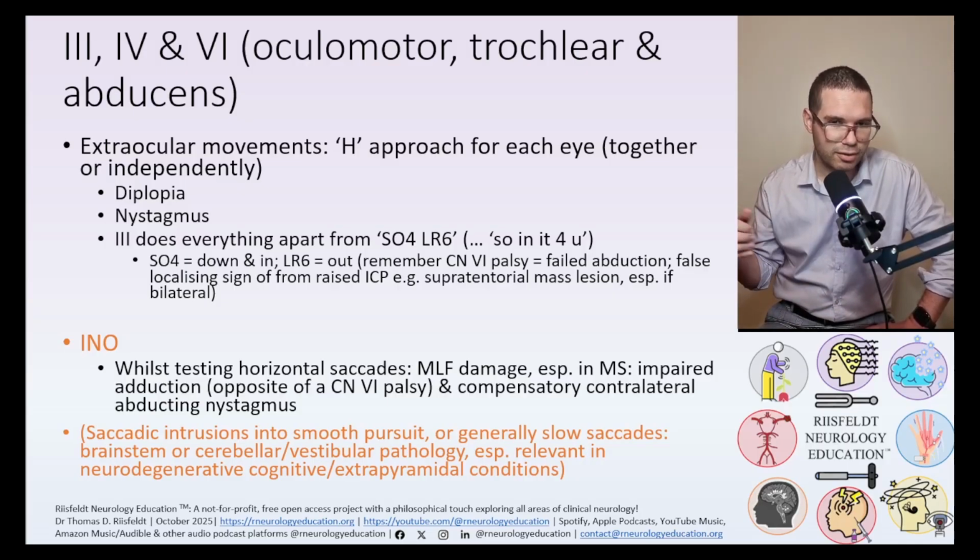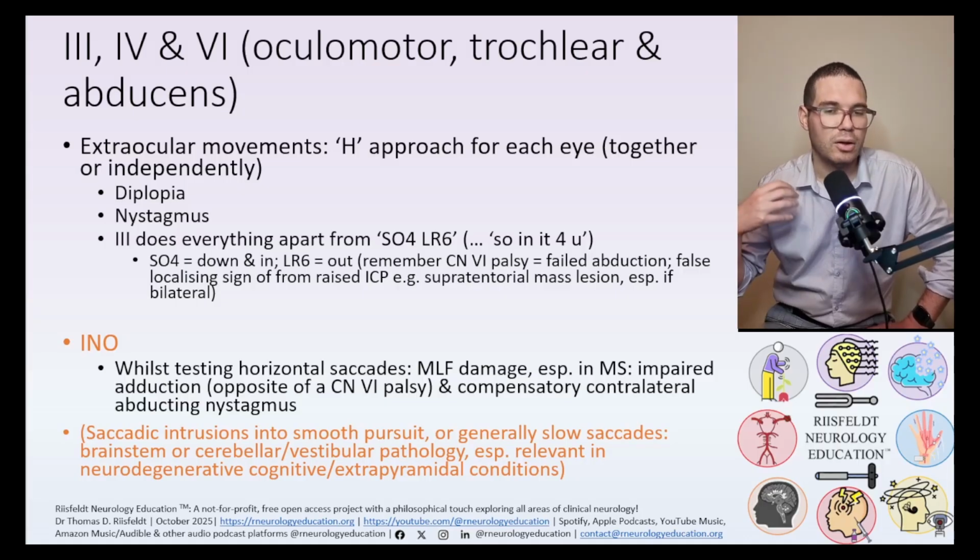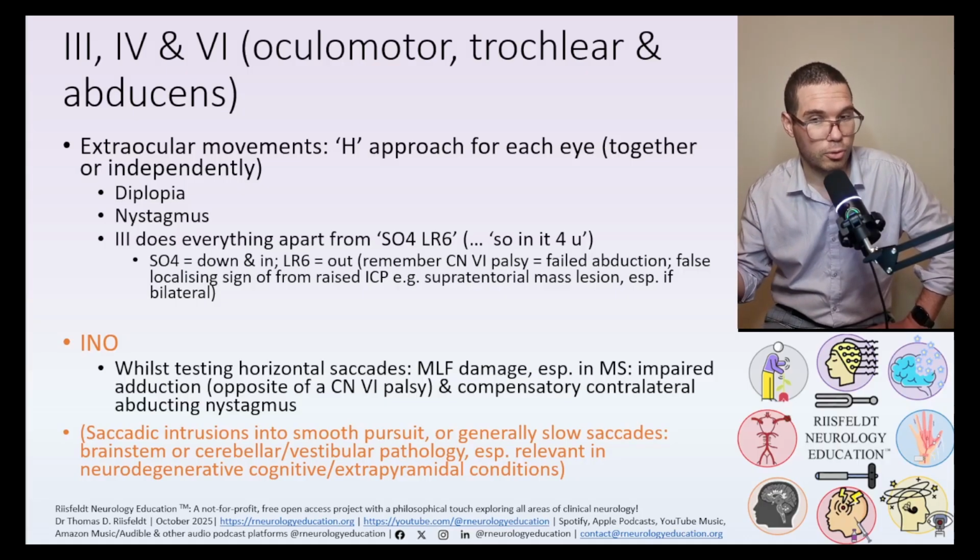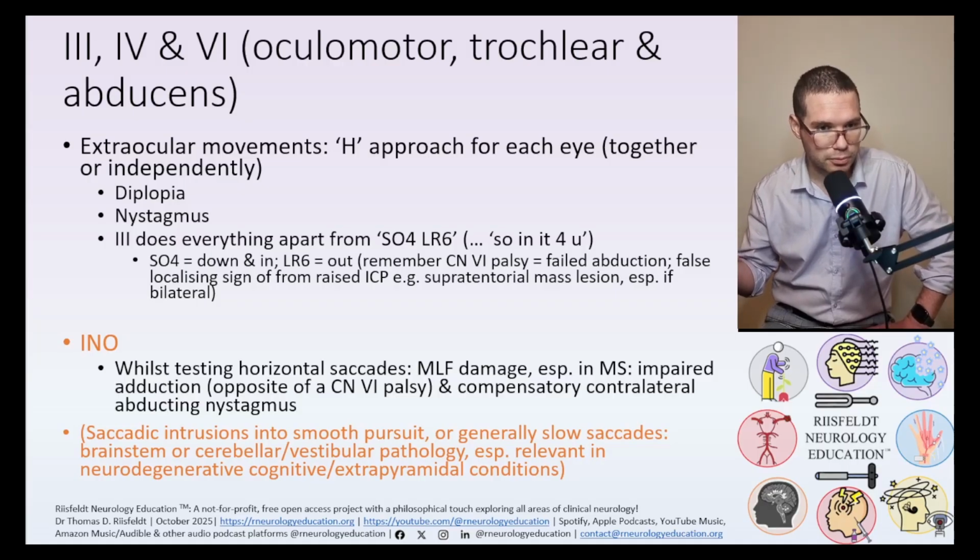SO4, LR6, so into you, so for you, and then lateral rectus 6 is the other odd one out, which is the one you need to remember in false localizing signs of a sixth nerve palsy with failed abduction. Or, of course, you can have a true localizing sixth nerve palsy, which also causes failed abduction.